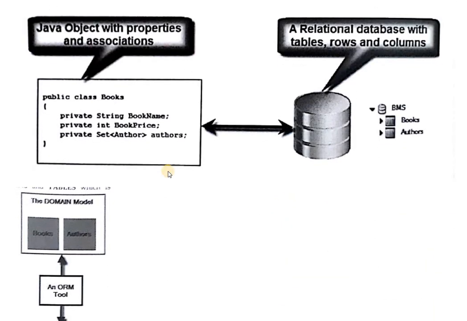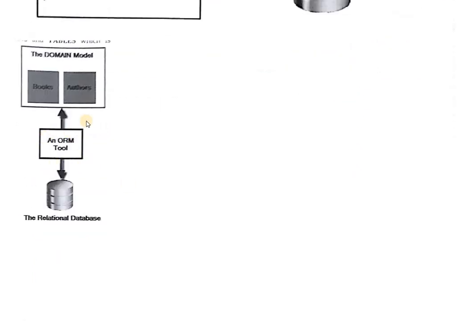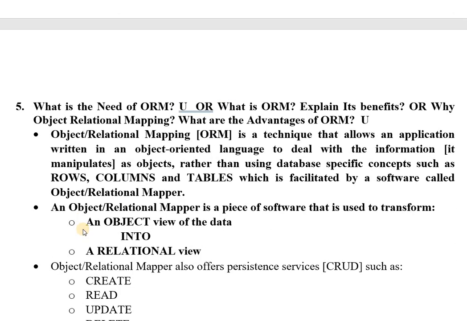So, I am trying to have a mapping between the Java objects with their properties and their associations, and I am trying to convert them into relational database which has tables, rows, columns. And there is an ORM tool which will bridge this gap, which will help us have this conversion between the domain model, that is your object-oriented model, to your relational database.